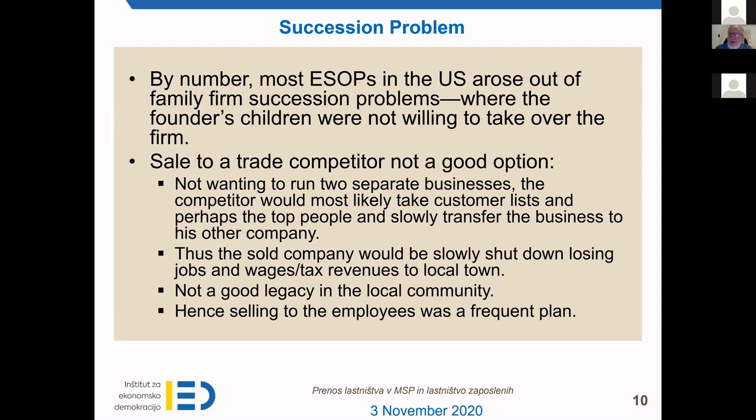And so they're looking at the succession problem 10 or 15 years off in the future. But now is the time to start doing something. An ESOP takes time. You can't suddenly do something when you want to retire. You've got to do it 10 years or so ahead of time so that the ESOP can build up ownership in the company.